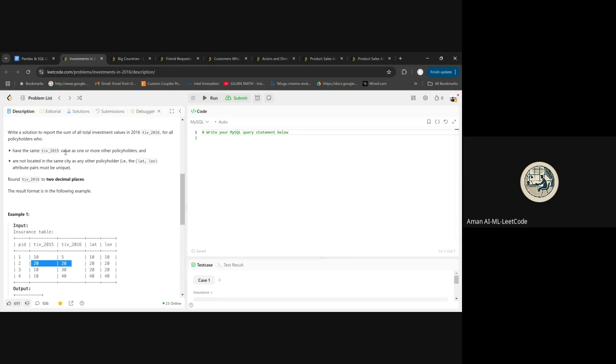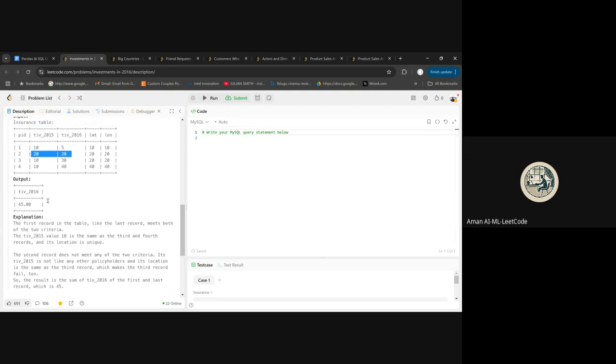The first record, like the last record, meets both criteria. TIV 2015 value 10 is the same as the third and fourth record, and its location is unique.